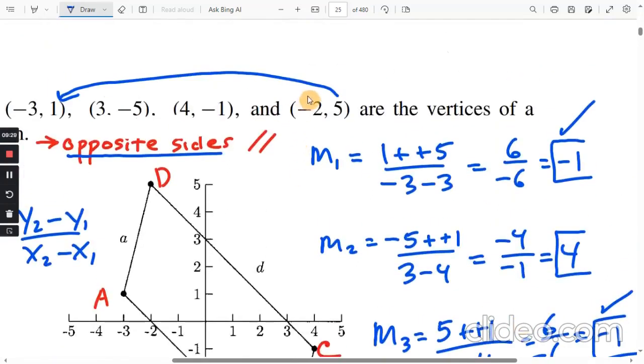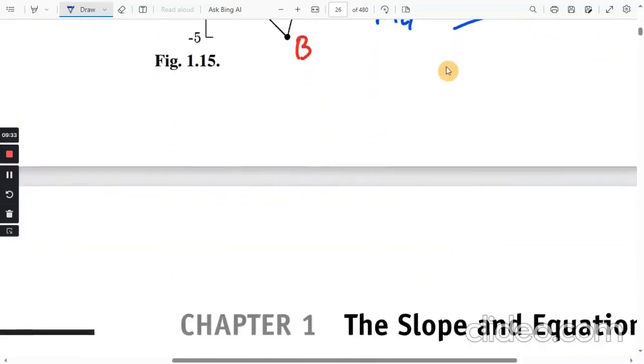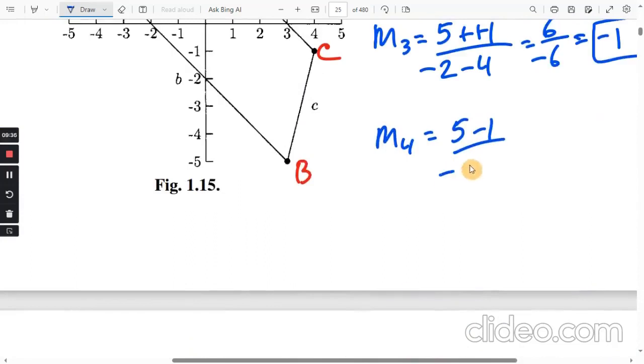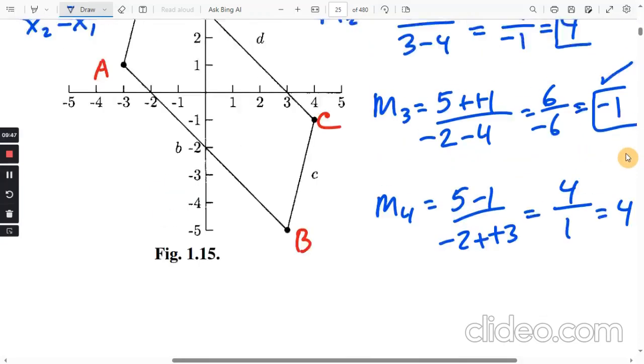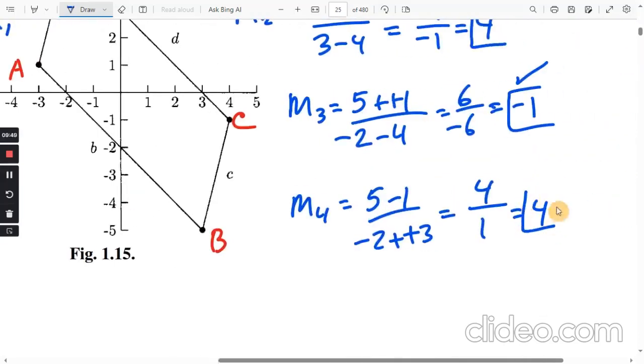Change in x is going to be negative 2 minus negative 3. 5 minus 1 is 4. 2 negatives make it positive, and negative 2 plus 3 is 1. 4 over 1 is just 4.